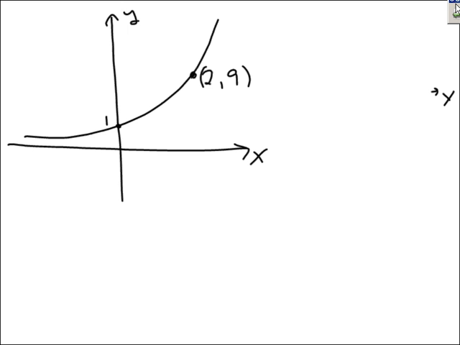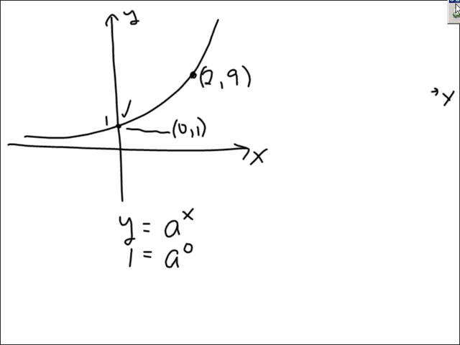And you have y is equal to a to the x. Well, this point right here is understood to be 0, 1. Well, regardless of what a is, if x is 0, you get 1. So that point is going to work. But we need to find out what a is.